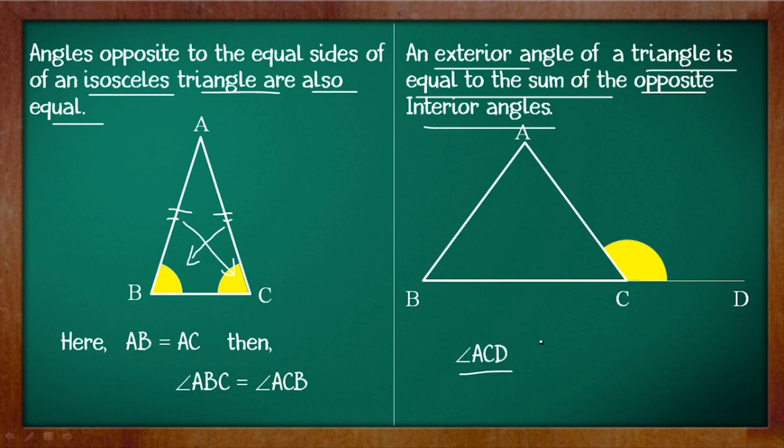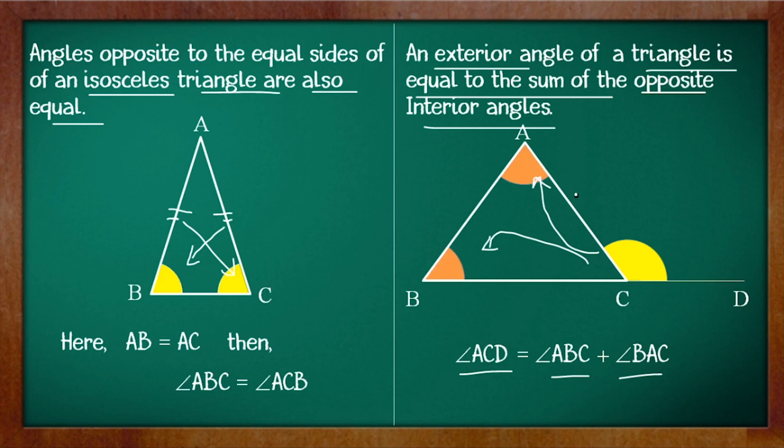So angle ACD, the exterior angle, will be equal to the sum of the opposite interior angles, that is angle ABC and angle BAC. So these are the two important results that we will be using while proving the theorem.